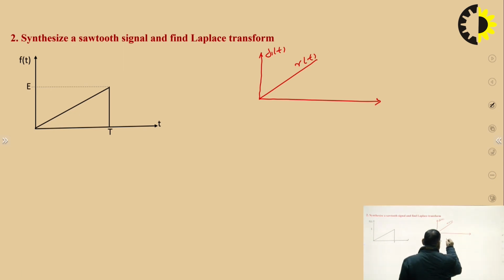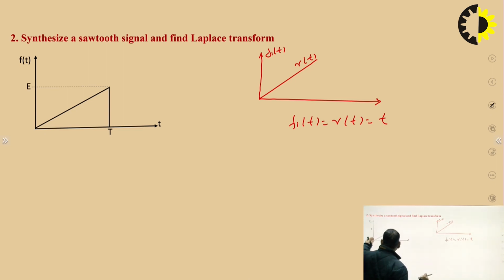This f1(t) is equal to r(t), which is nothing but t, linearly increasing with time. This line has slope 1, and it increases with time t. But look at here, we can see that this waveform is starting at t is equal to 0 and it terminates at t is equal to capital T.